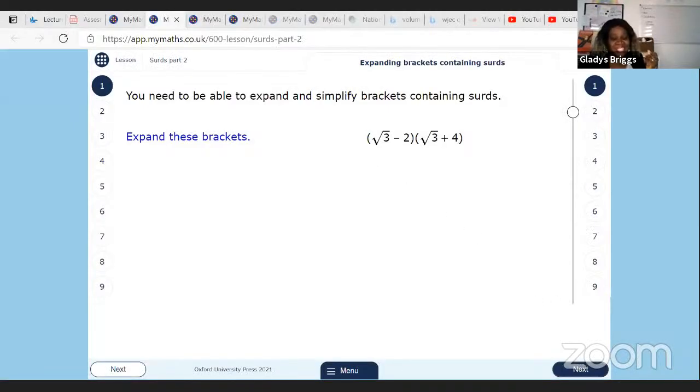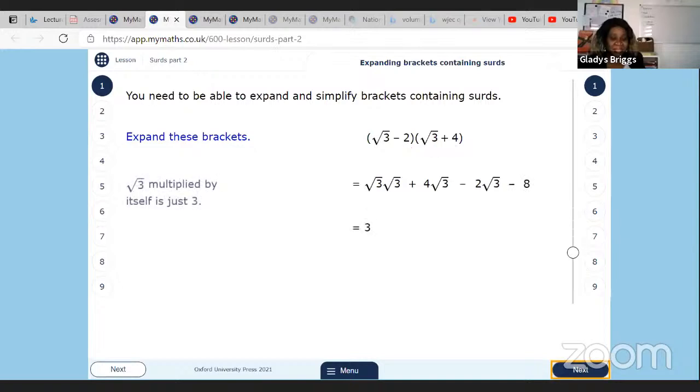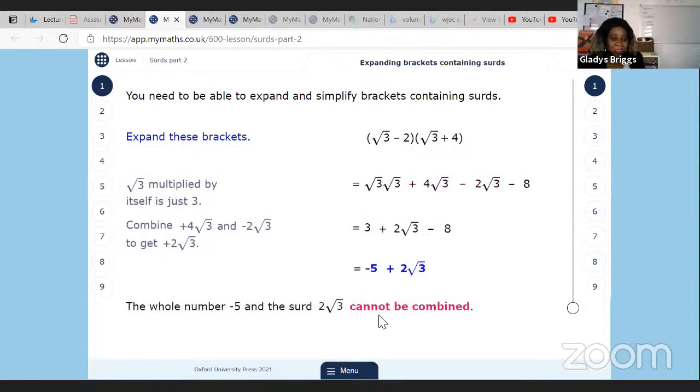Yeah, okay. So we do it in the same way as we do expanding brackets in algebra, yeah? So we use what's inside the first bracket to multiply everything that is inside the second bracket, yeah? And I will explain all that to you now, so that you don't get it confused. So just write expanding brackets for me.